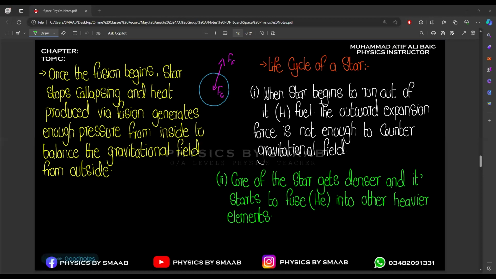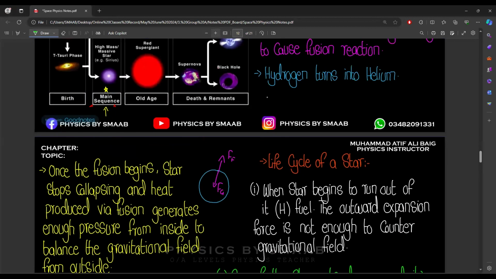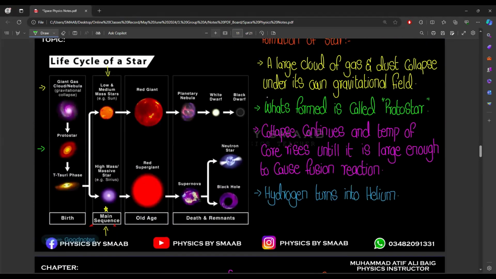So basically, now the counter force is not enough to balance the gravitational field. The helium, which actually combined from the hydrogen isotopes in the star, starts to fuse; the helium atoms continue the fusion reaction and convert into a heavier element. Just like in this diagram, you can see the red giant and super red giant.